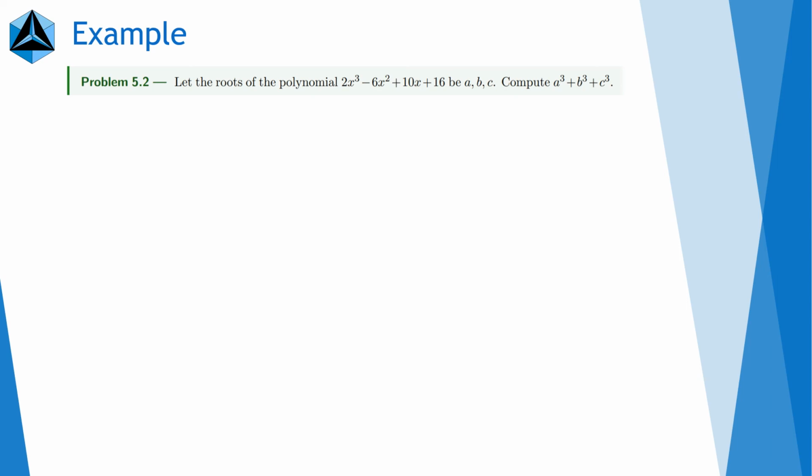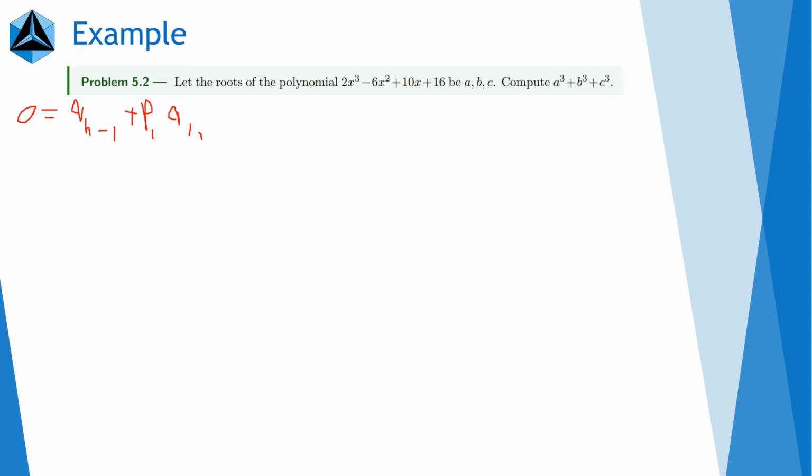So let's use it on the problem from before. Let the roots of the polynomial 2x cubed minus 6x squared plus 10x plus 16 be a, b, c. Compute a cubed plus b cubed plus c cubed. So the first equation that we have to solve is 0 is equal to a sub n minus 1 plus p1 times a sub n.